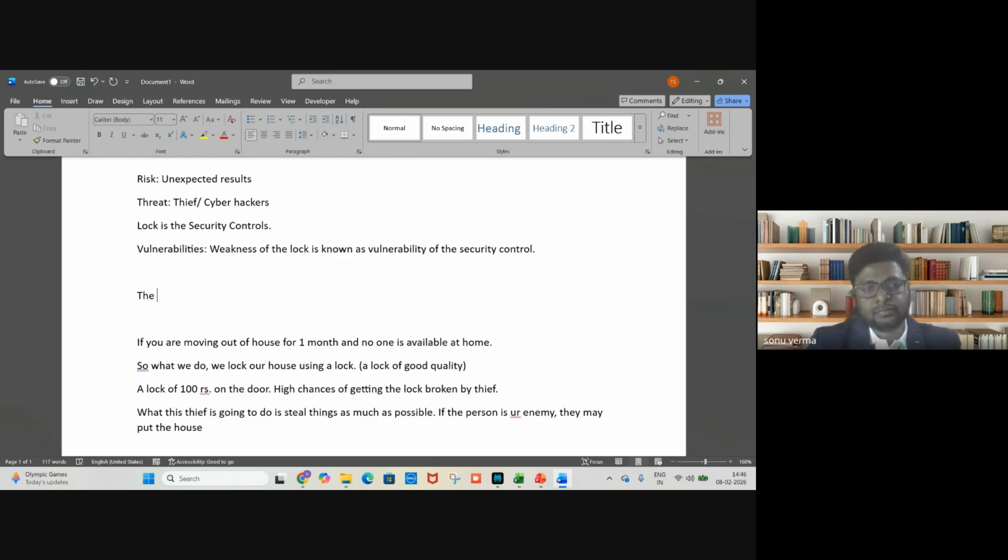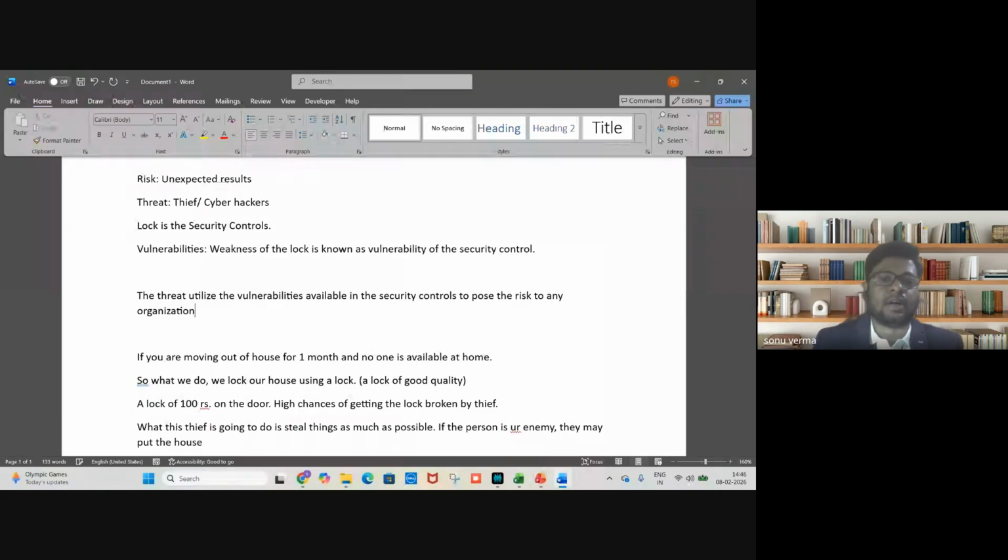The threat utilizes the vulnerabilities available in the security control to pose the risk to any organization. Note, this is the bookish definition.